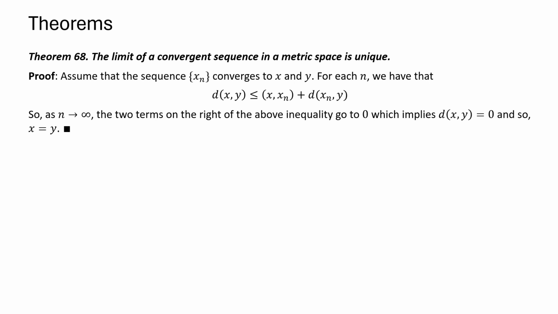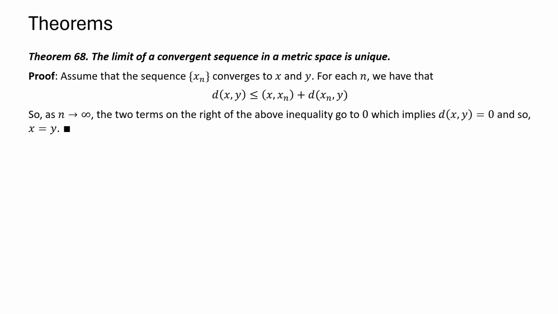As n approaches infinity, the two terms on the right of the above inequality go to 0, which implies that the distance between x and y is 0. And then we know from the definition of a metric space that this is only true if x equals y.